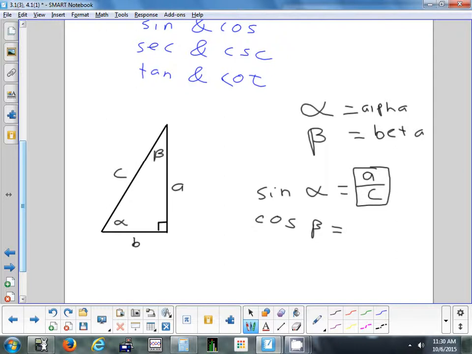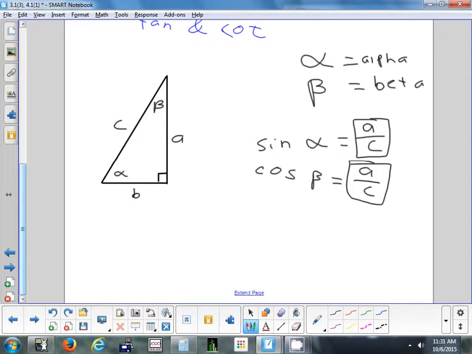Derek? Adjacent and hypotenuse. Yep. And Derek, what side is adjacent to beta? What side is right next to it? A. And what side is across from the 90? C. What do you notice, anybody, about the sine of alpha and the cosine of beta? They came out the same.